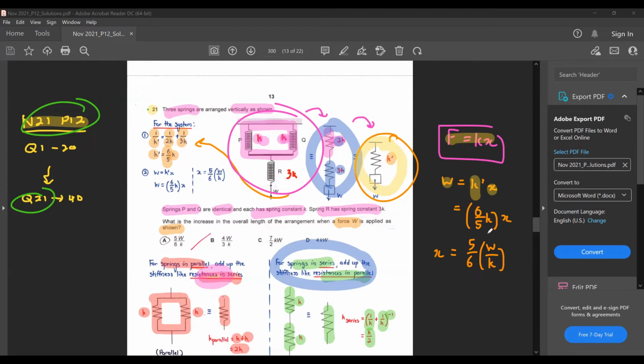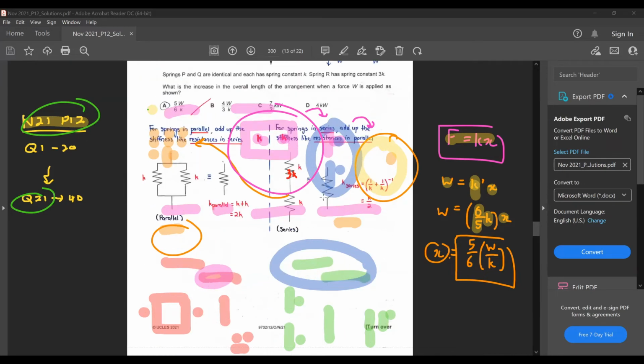You sub in the value of K prime, giving you W equals 6 over 5Kx. Then you make X the subject because you want to find the extension. The expression you get is 5 over 6 W over K, which is this answer here. Okay, so answer is A. Okay, right. So that one is okay.